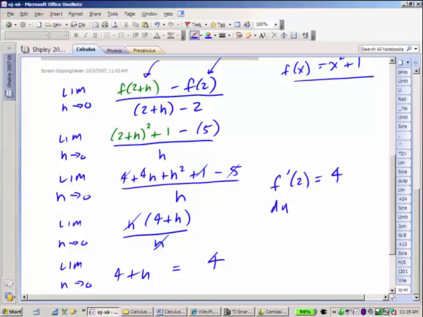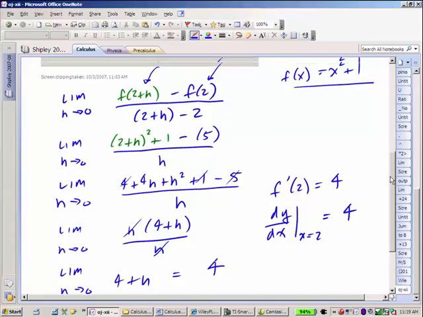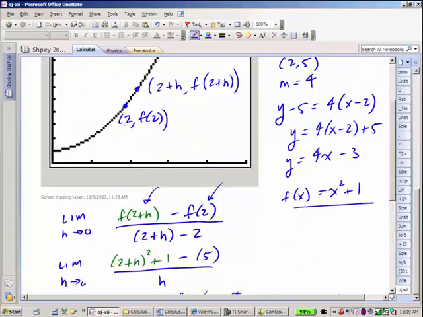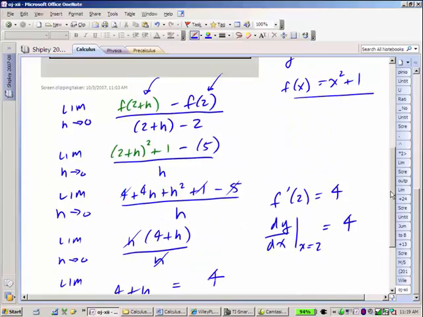Or I could say dy dx when x equals 2 is equal to 4. That's another way of saying it. But basically, we only took one point, 2 comma 5, and we fabricated another point, 2 plus h, f of 2 plus h. So 1 point, and we were able to find the slope of that function.